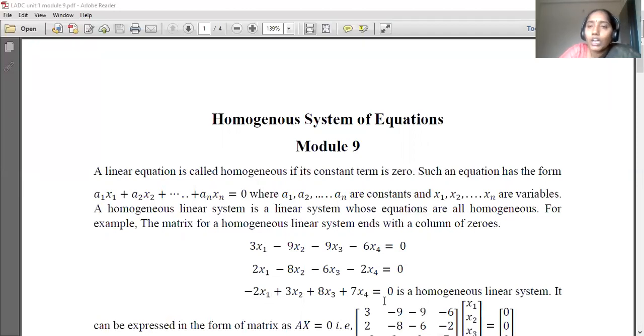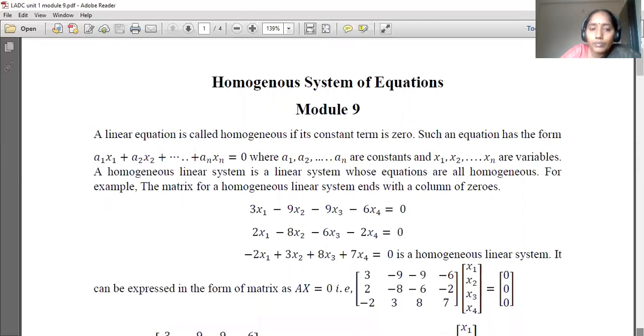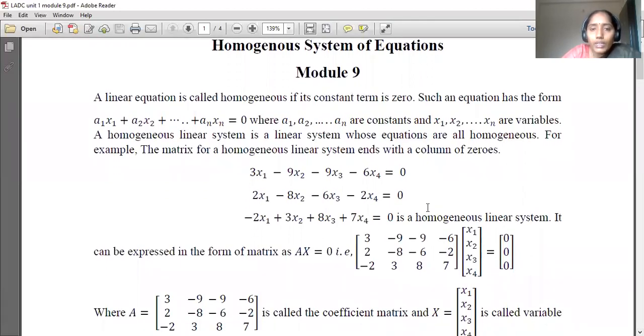Now we'll look into how to write the matrix form of a system of homogeneous equations. We write these equations as Ax equals 0. A is called the coefficient matrix, and X is called the variable matrix. We write the coefficients of x1, x2, x3, x4 of the first equation in the first row, that is 3, minus 9, minus 9, minus 6.